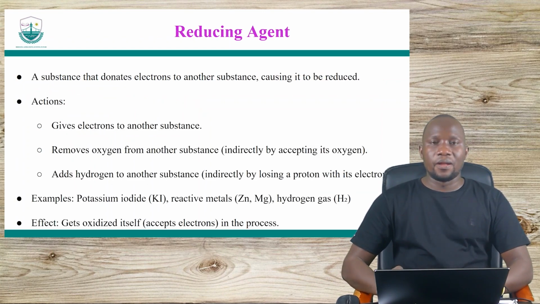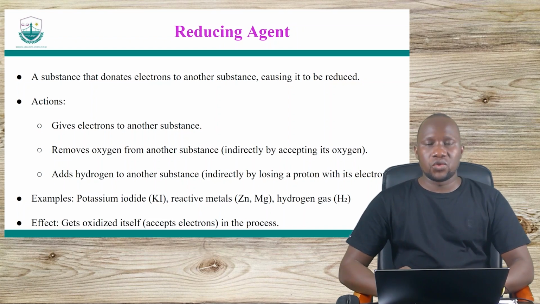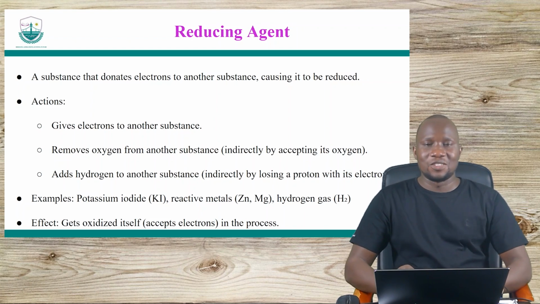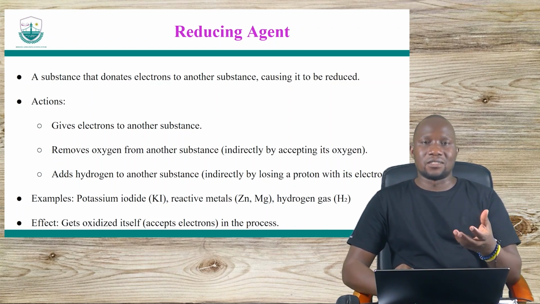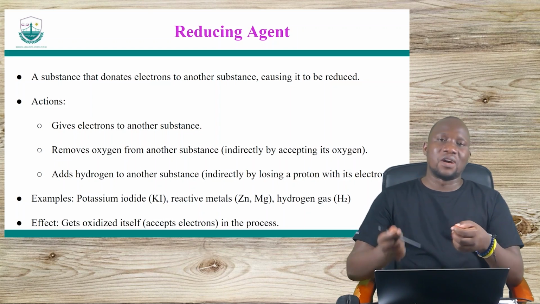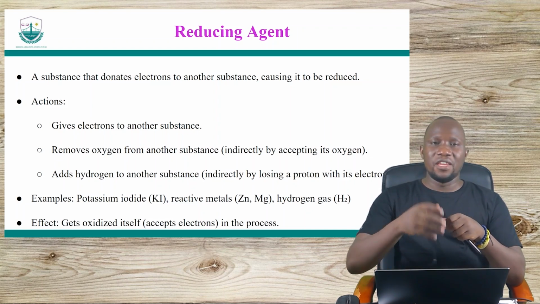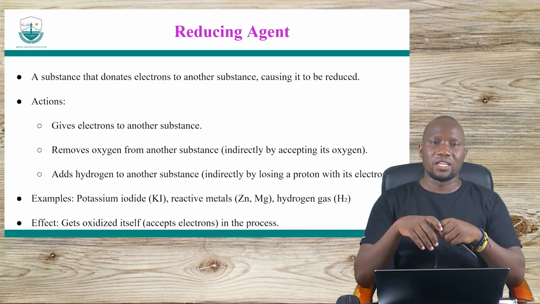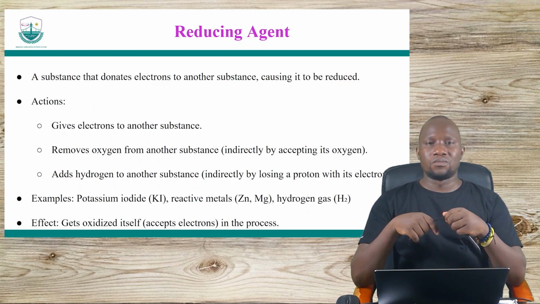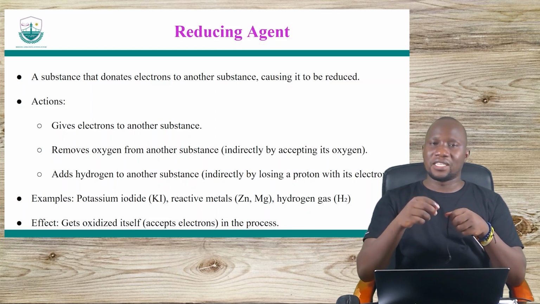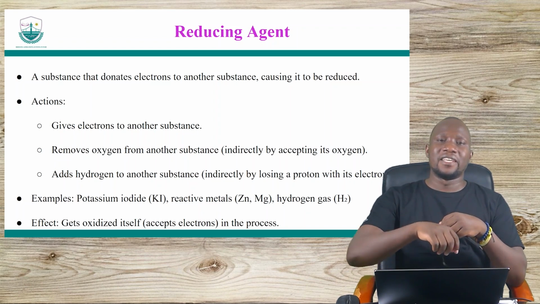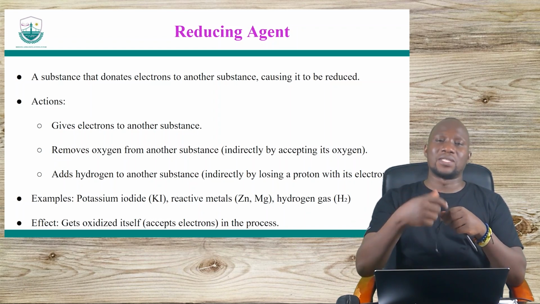So in the chemistry lab, you'll be talking about addition of a reducing agent or oxidizing agent. Or basically, you get, let us say, an acid, you add it to a particular reagent in a test tube, and then you'll be seeing reactions happening. So you'll be able to say that this acid that I added either reduced or oxidized.